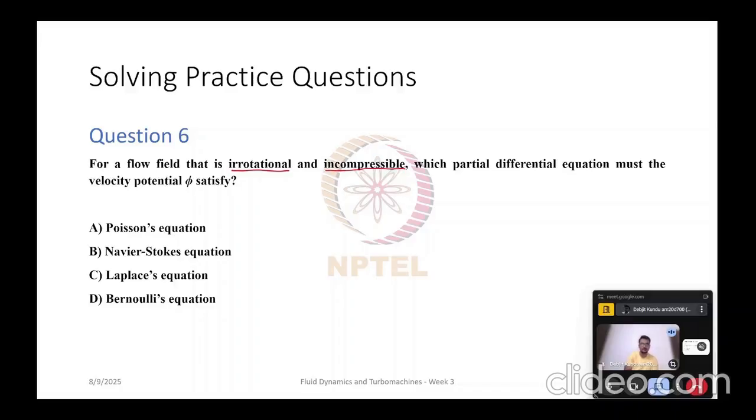Option A, Poisson's equation? Option B, Navier-Stokes equation? Option C, Laplace's equation? Or option D, Bernoulli's equation?